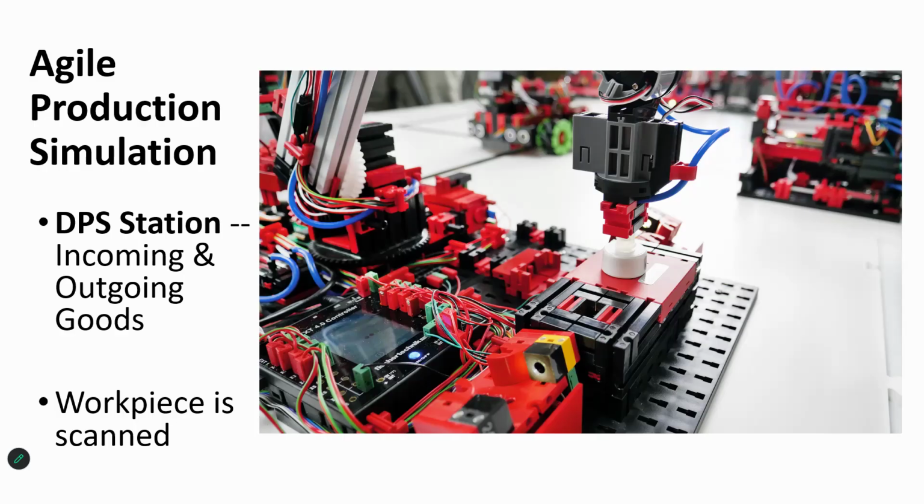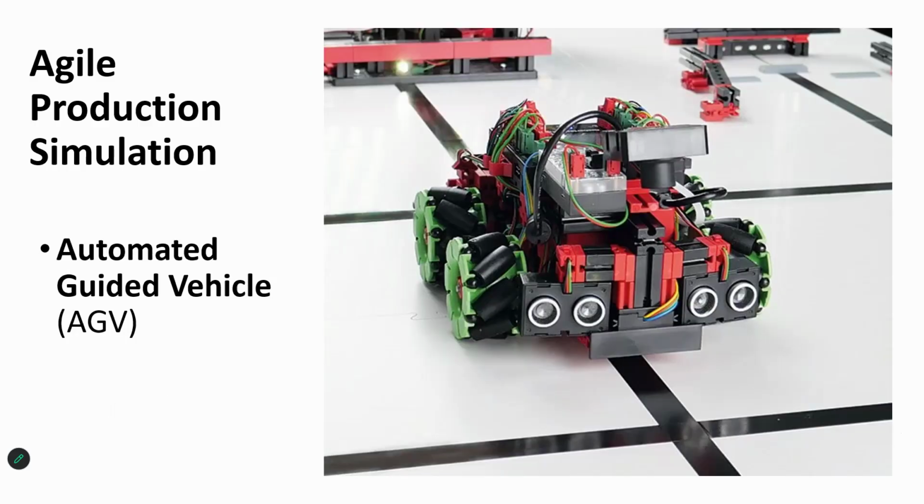The workpiece is first positioned on the color sensor, after which it is encoded on the NFC reader. The six-axis robot located at the DPS station then places the workpiece onto this automated guided vehicle, or AGV as we'll refer to it, for transport to the next destination in the warehouse or in the factory.